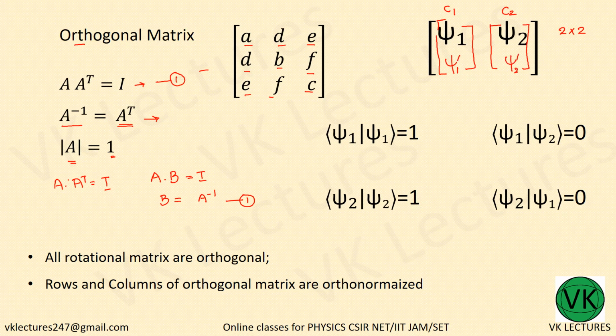So you will have 4 elements. Then psi 1 star psi 1 is equal to 1. This is called normalization.